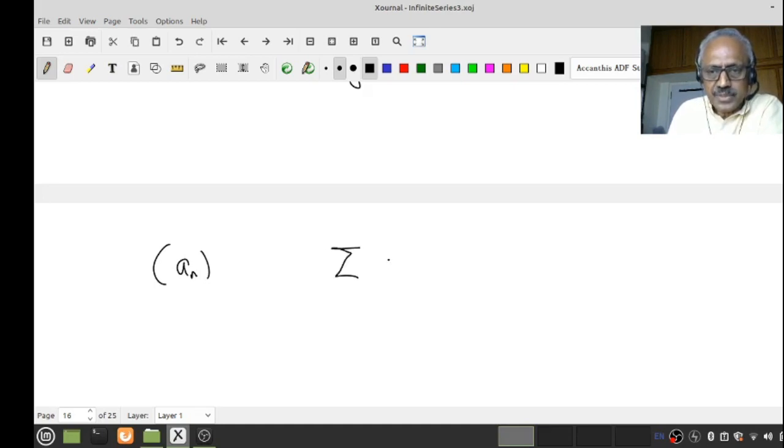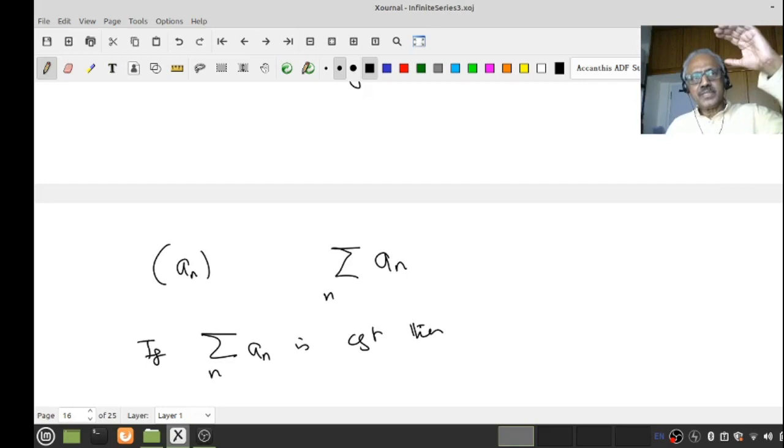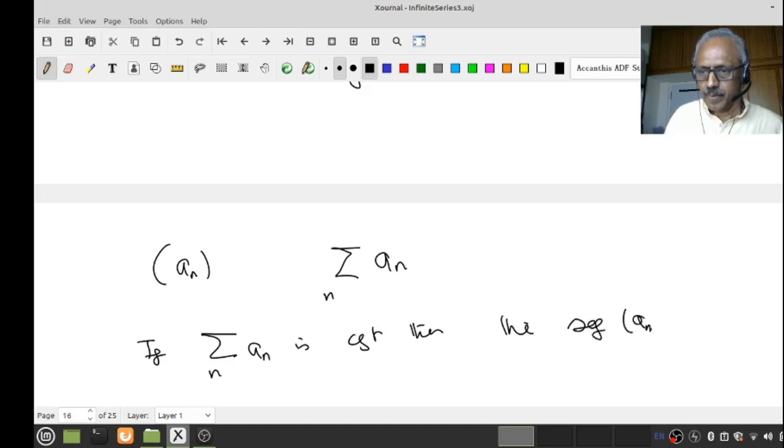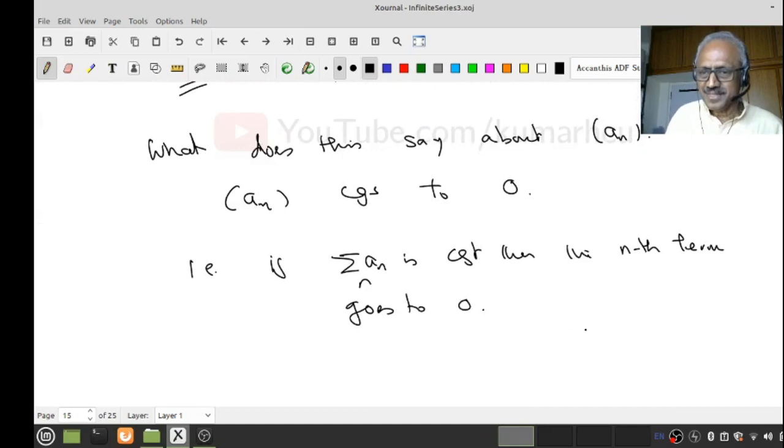Then I get the associated infinite series, right? So if this associated infinite series is convergent, then the original sequence a_n with which you started converges to 0. Please understand this. Usually the textbook won't write it this way. They will only say this, or they sometimes write limit, which of course says this is 0.